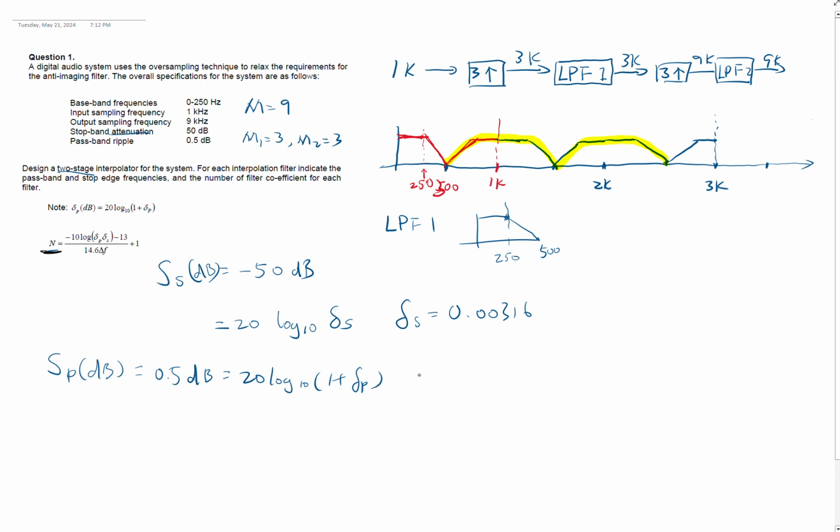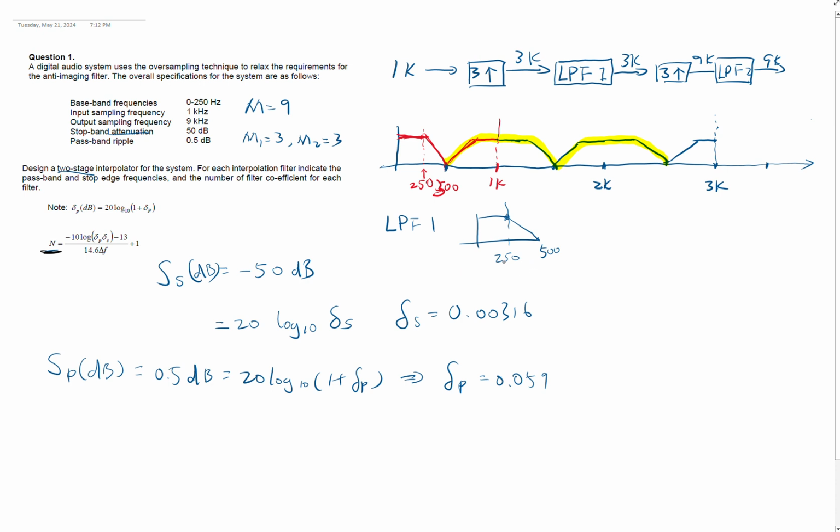Then you will find that delta p equals around 0.059.